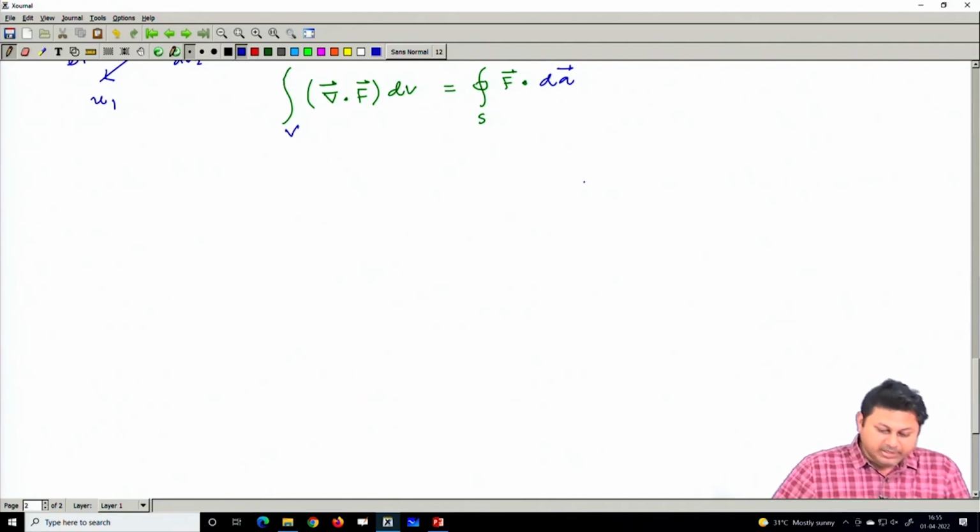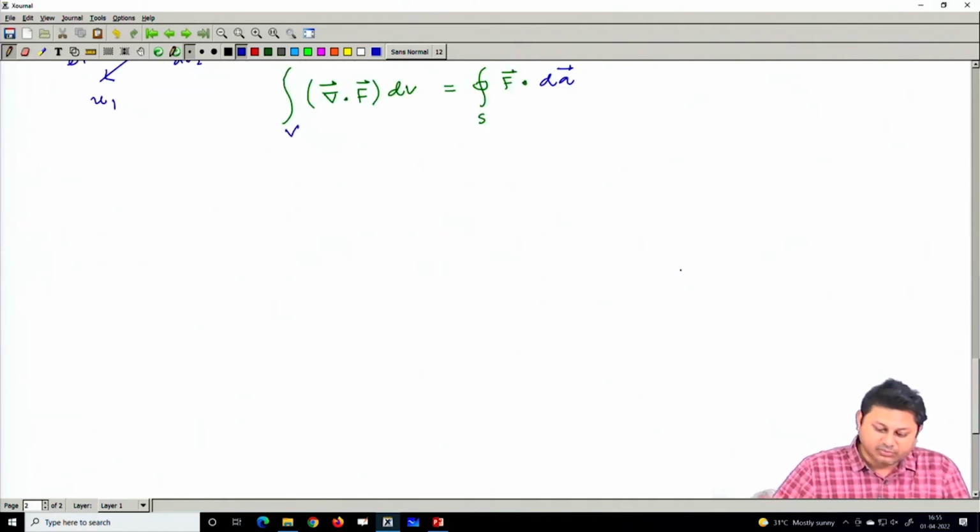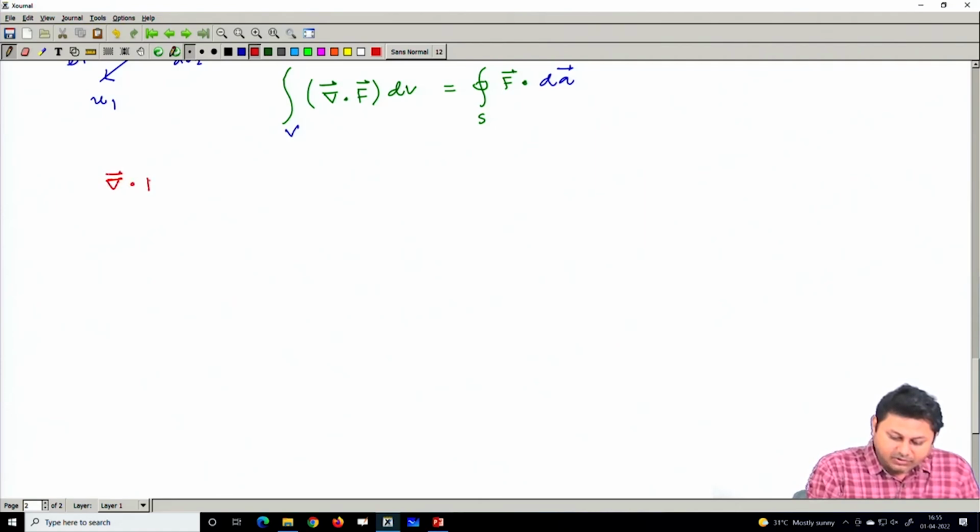Now, this expression left hand side if I write, and then right hand side I calculate for this given volume, and then we will find what is there. So, left hand side if I write simply divergence of f and dV, it should be this flux.